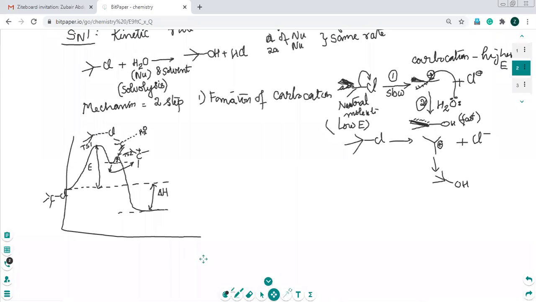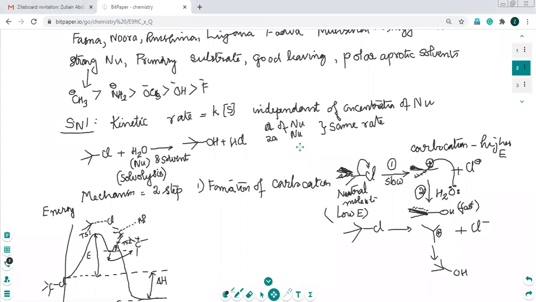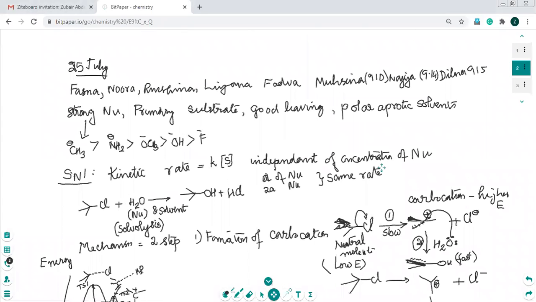So that is the energy profile diagram, or energy diagram. If people come in between and have a disturbance, that is a real problem.